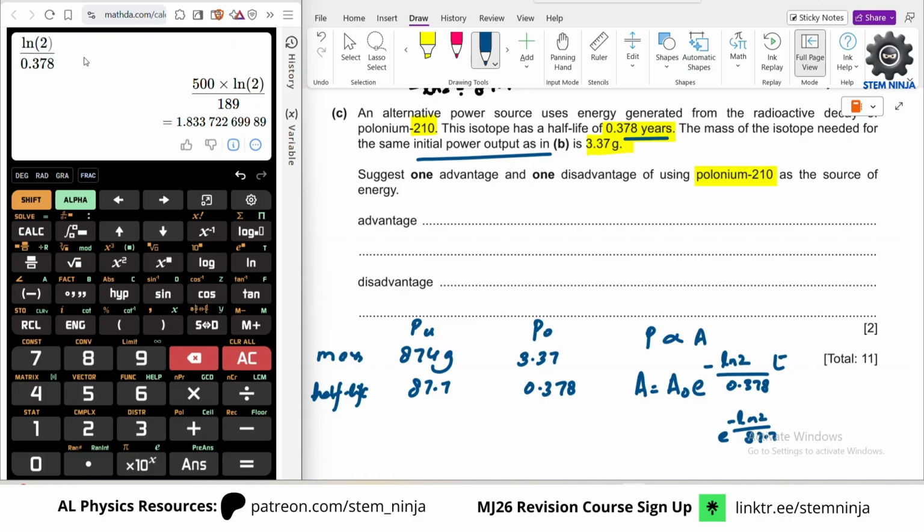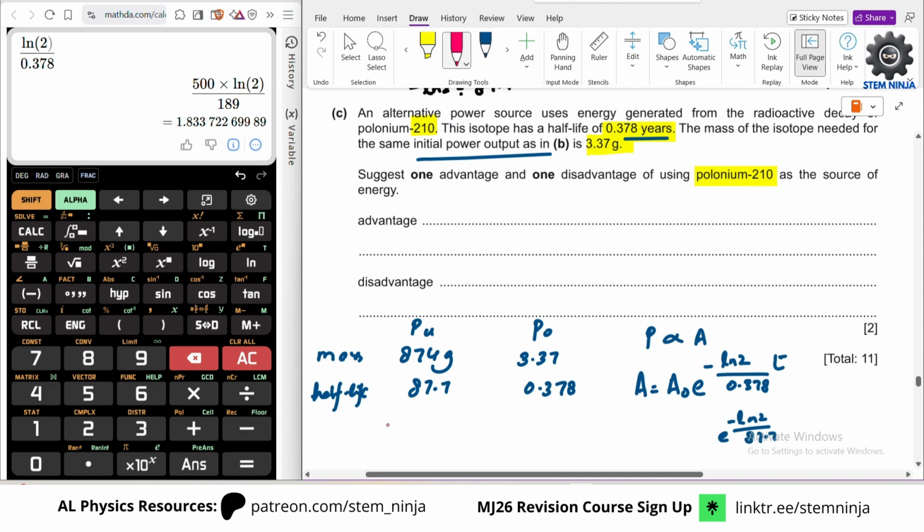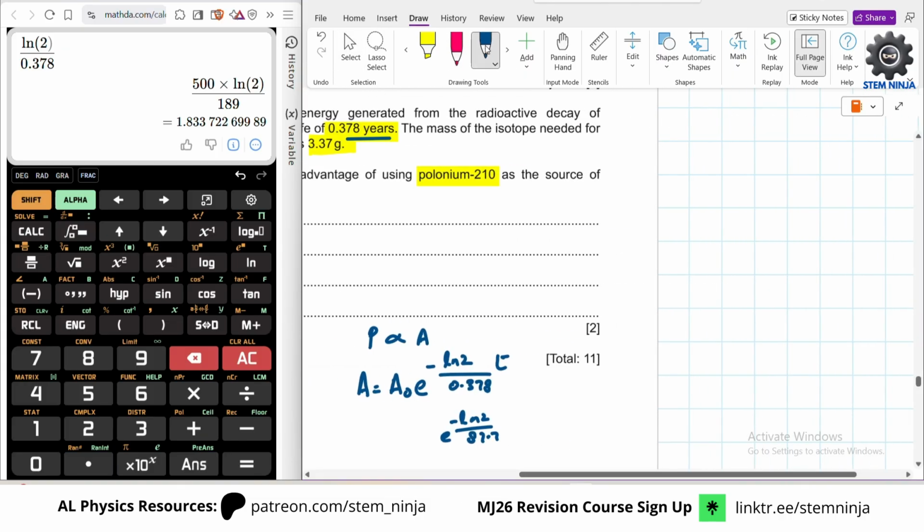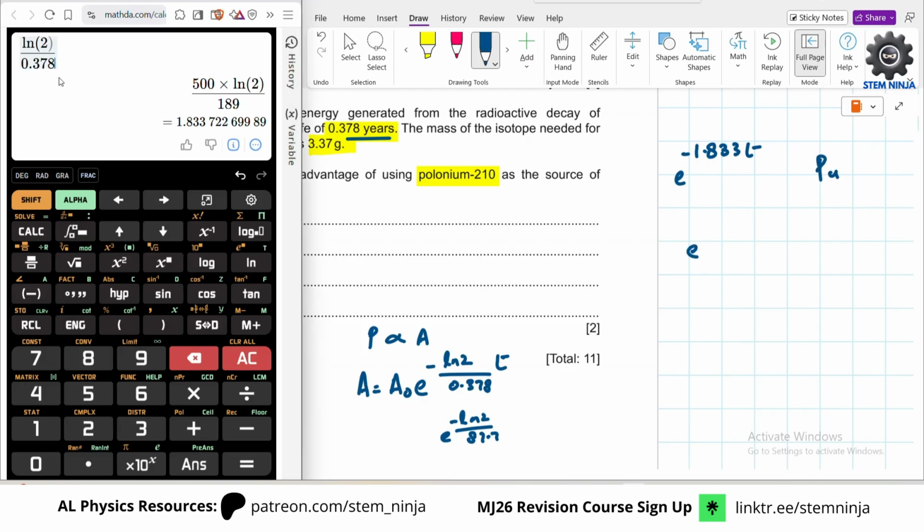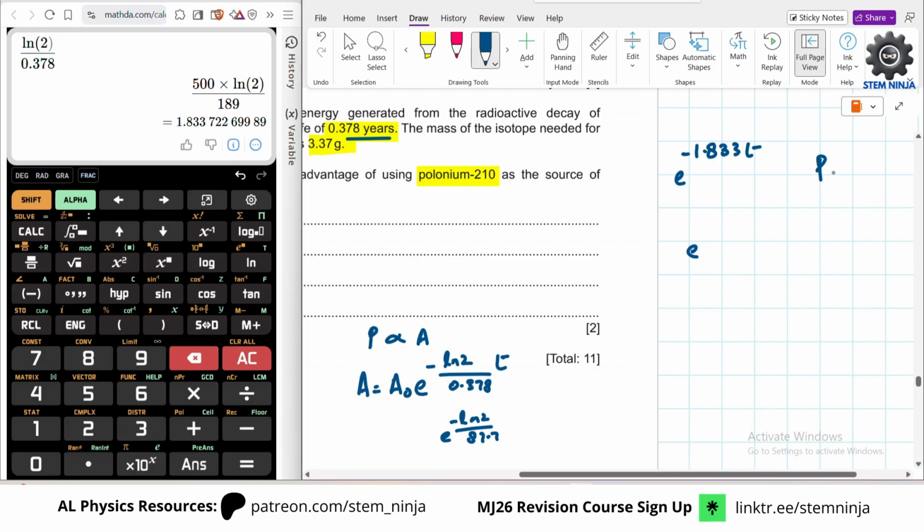So basically this constant that we have with e raised to power, that we were trying to figure out, the graph can tell us that if we sketch a graph for that. So the first one is e raised to power minus 1.833t, for plutonium. Oh no, sorry, this is the second one. This is the second one, polonium.